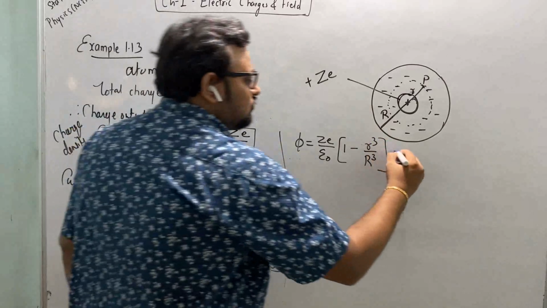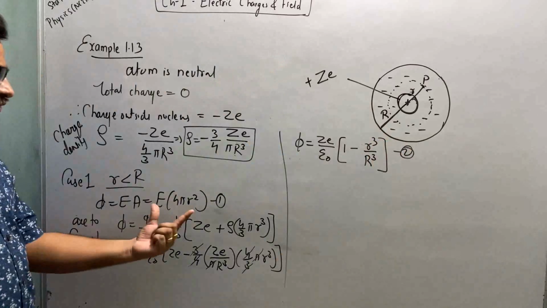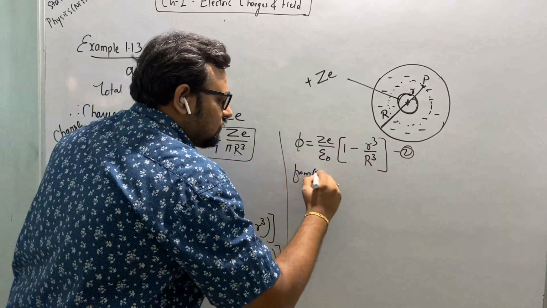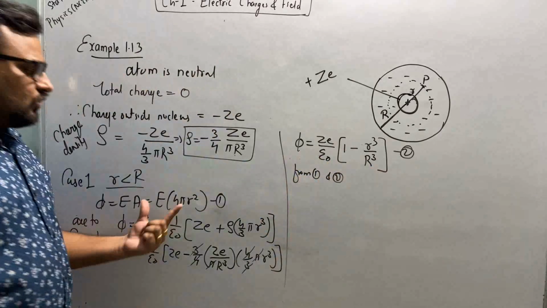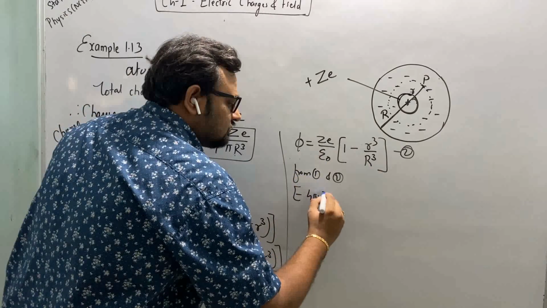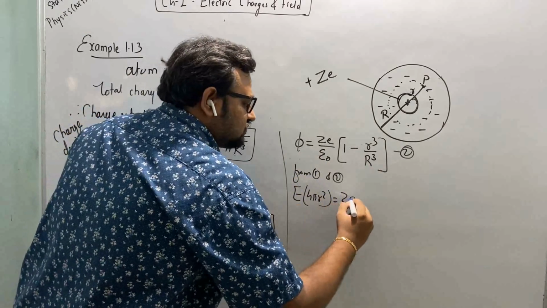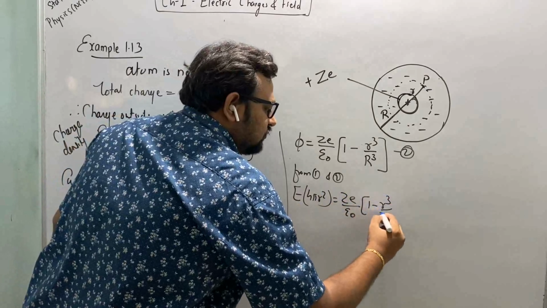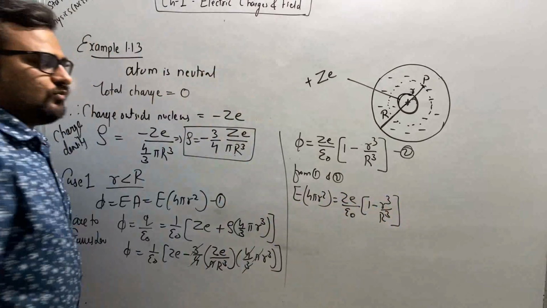This is 2. So if I equate 1 and 2, E into 4 pi r square is equal to Ze by epsilon 0 times 1 minus r cube by R cube.